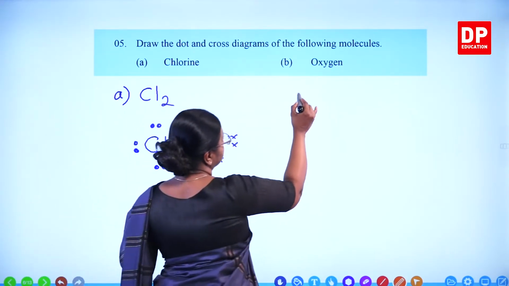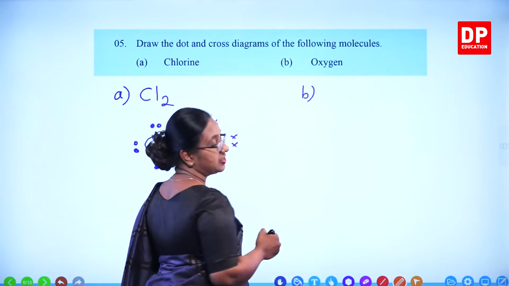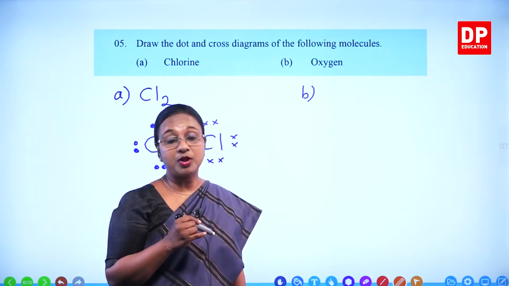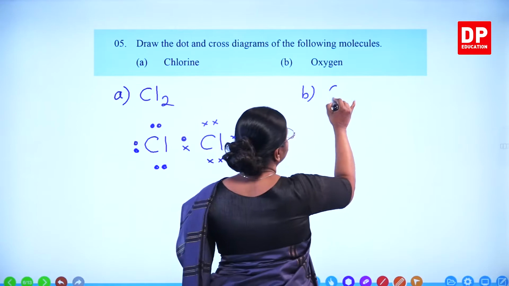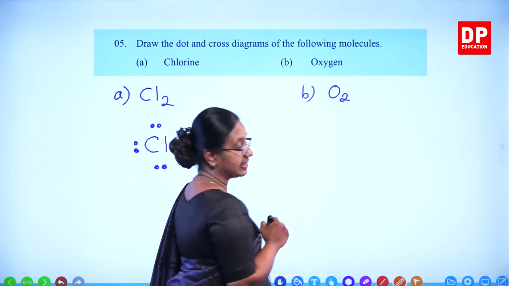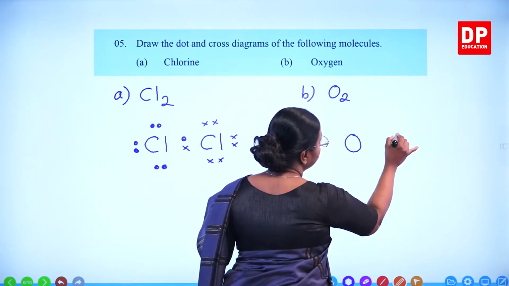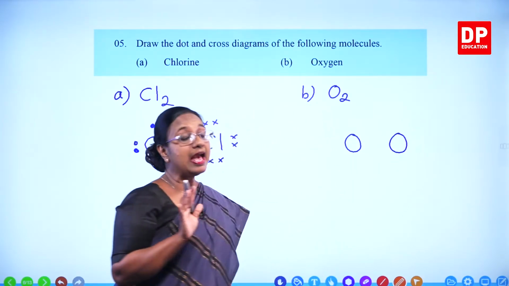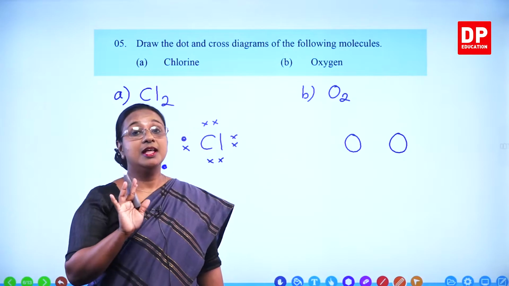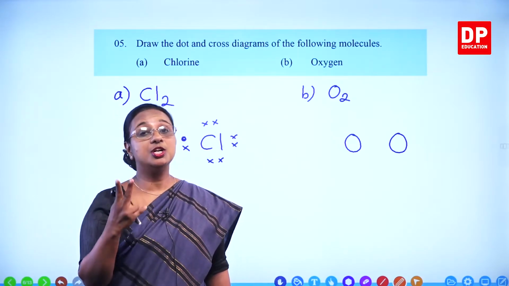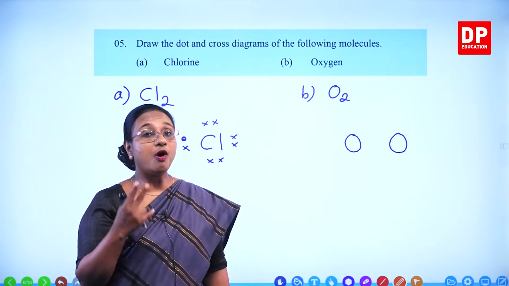Then for oxygen. What is oxygen? Again a diatomic molecule, an element. So here it is O2 gas. So there also we need to have 2 oxygen atoms, and you can remember, students, the valency of oxygen is 2. So it needs to form 2 bonds.